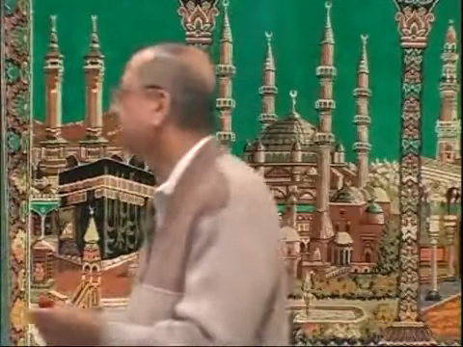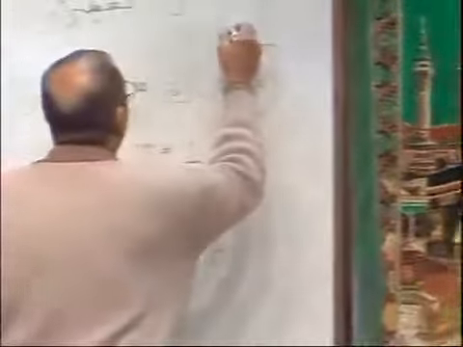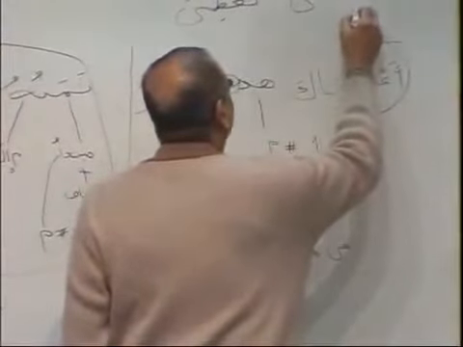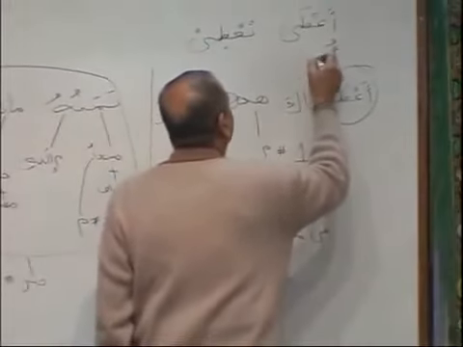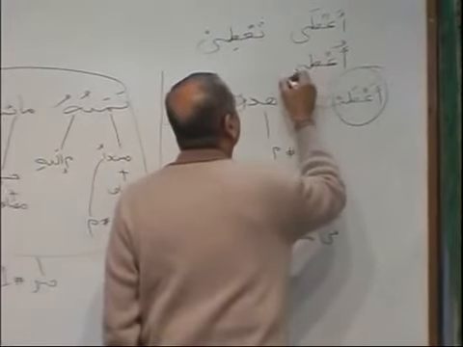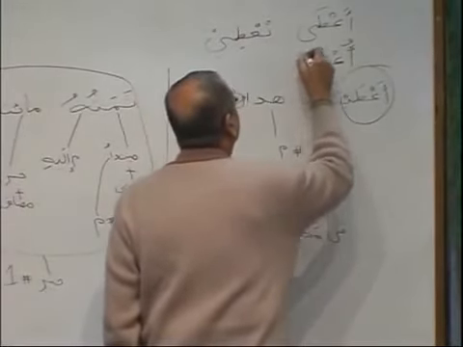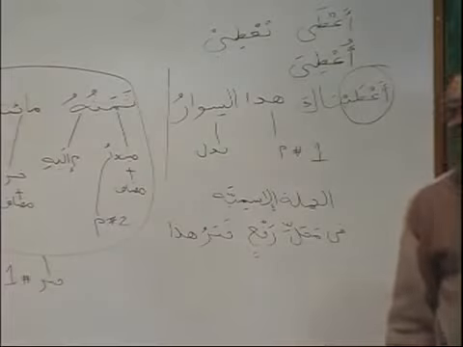Now, majhul is also very important. Ata, make majhul of ata. You got to make extra practice with majhul. Majhul will not come easily unless you make an effort and practice. Are you with me?